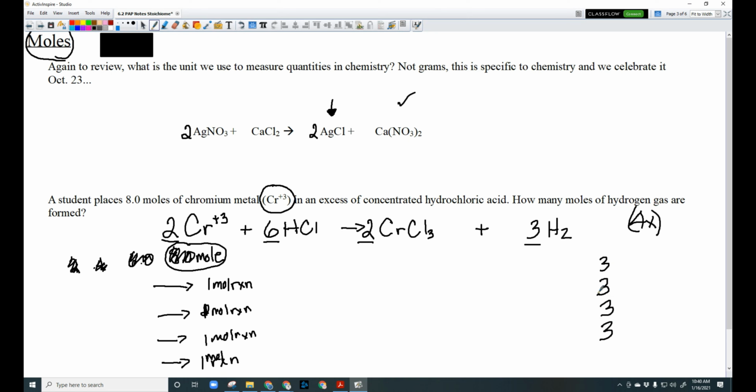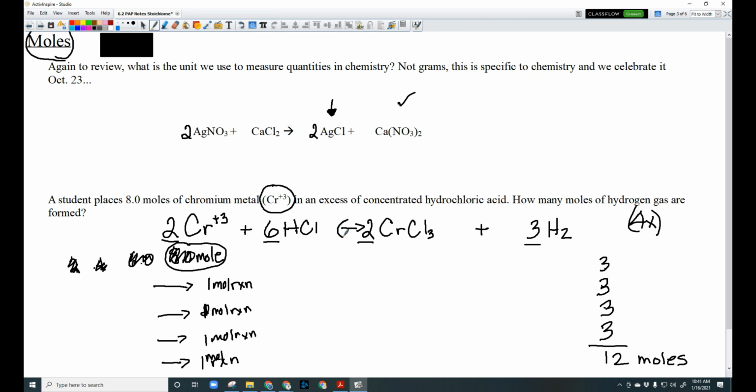So how many moles of hydrogen gas are formed? 3 plus 3 plus 3 plus 3 is equal to 12. So I'm going to form 12 moles of hydrogen gas. We get that by looking at the balanced equation. This is called a ratio, right? For 2 moles of chromium, I'm going to produce 3 moles of hydrogen gas.